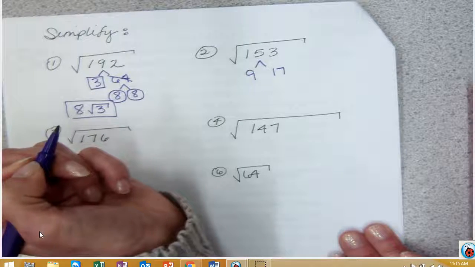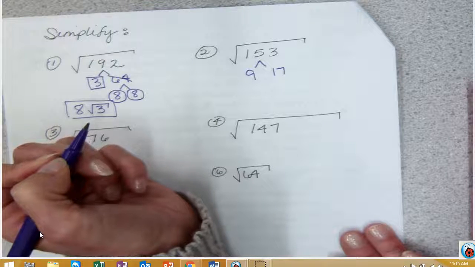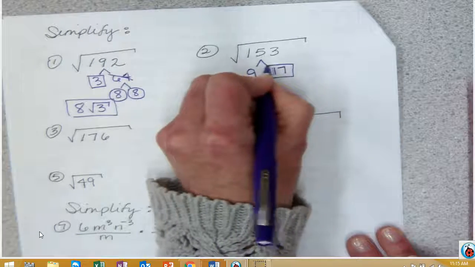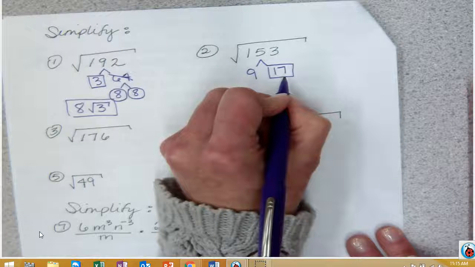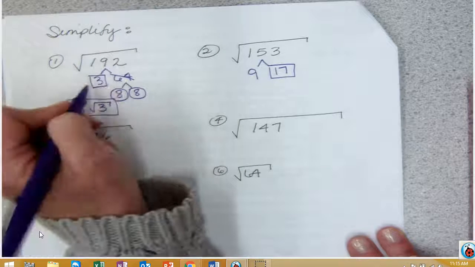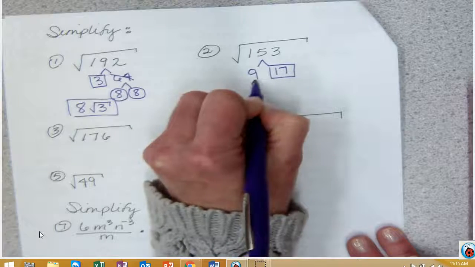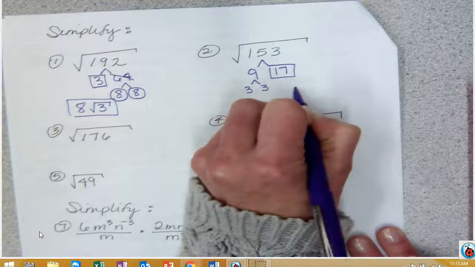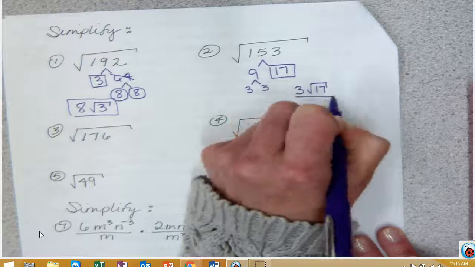I would get the same answer if I use 3 and 51. This just makes it a little bit easier because I know 17 is prime. There's no two numbers other than 17 and 1 that multiply to give me 17. There's no two numbers that multiply to give me 3. But 9, I know 3 times 3, so my answer is 3 square root of 17.